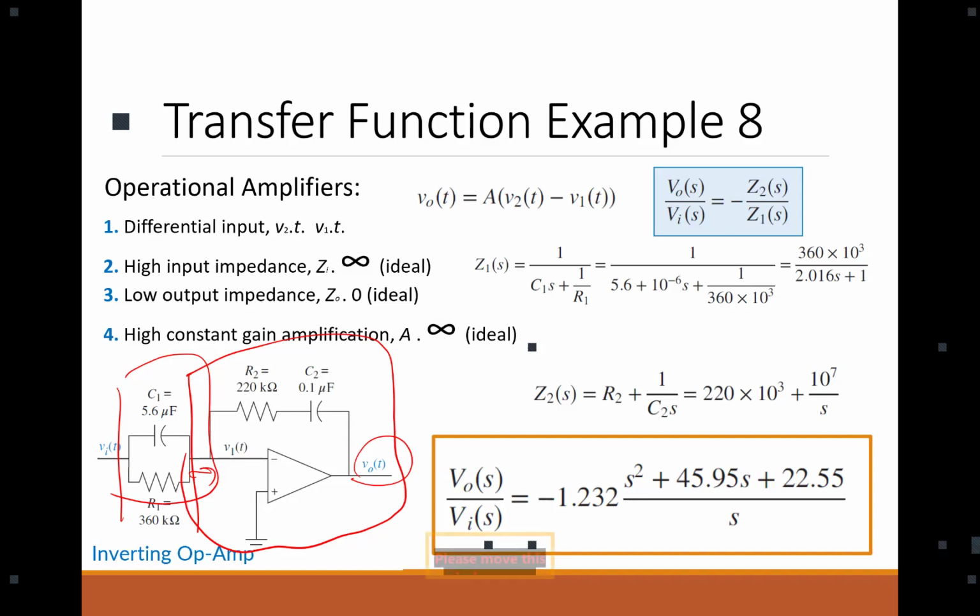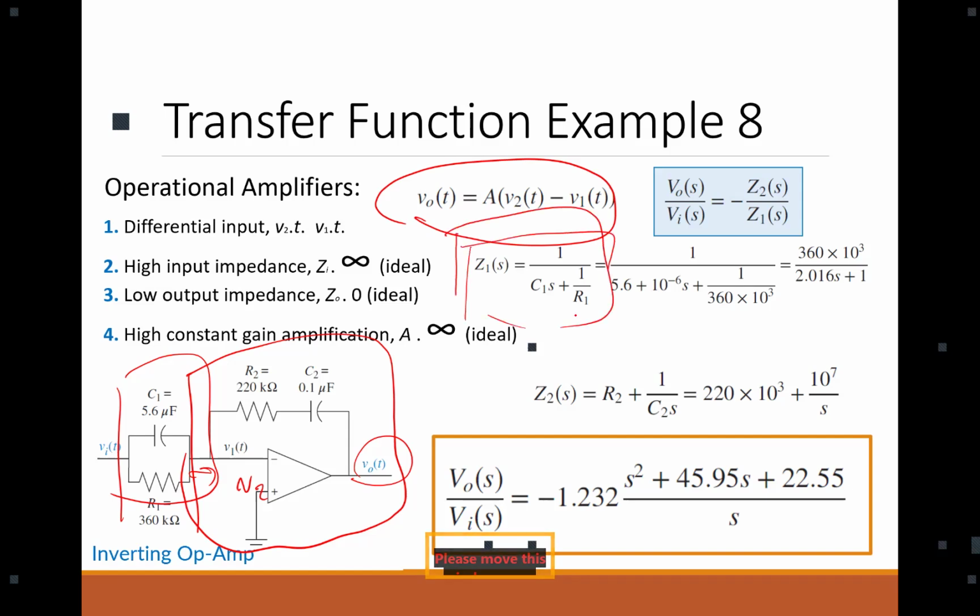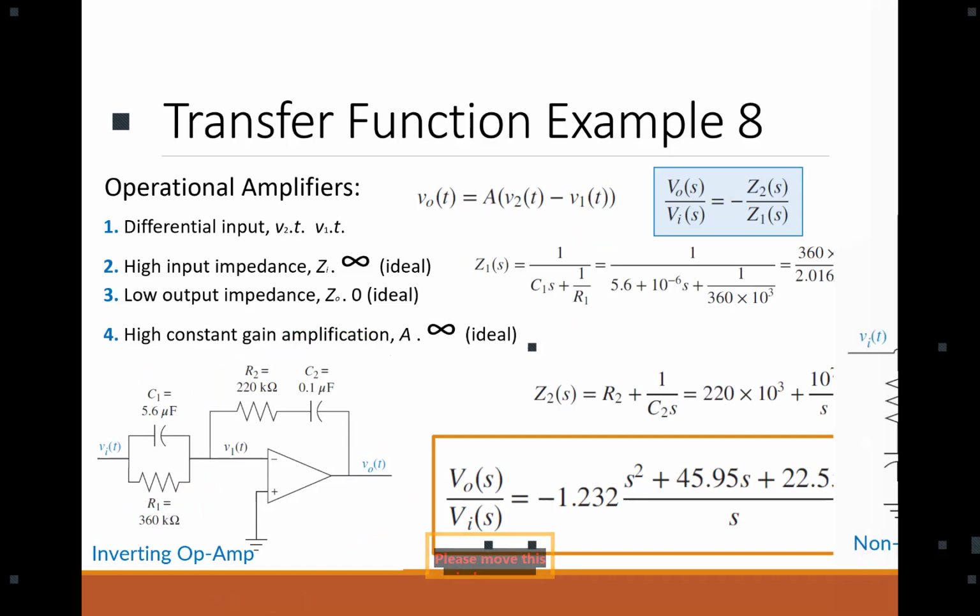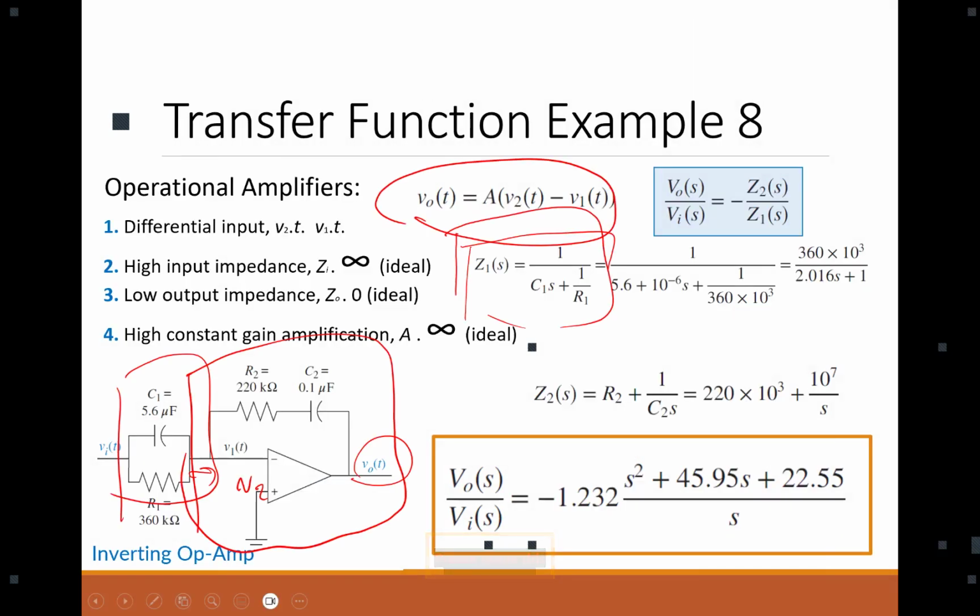Let me write that down. That one we should be pretty good with. This is the equation of the amplifier. Are we good? Now, the impedance Z1, if you run the equation, is a parallel of two impedances.